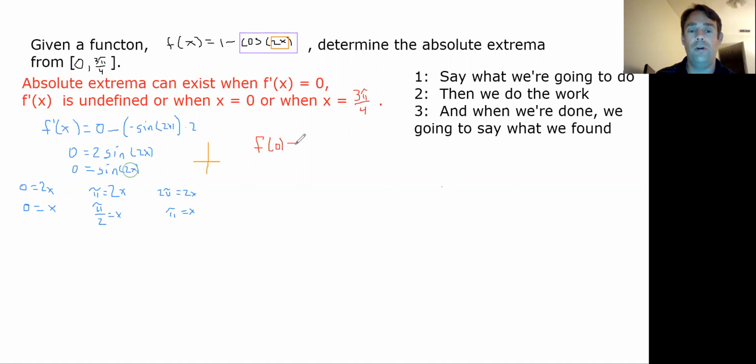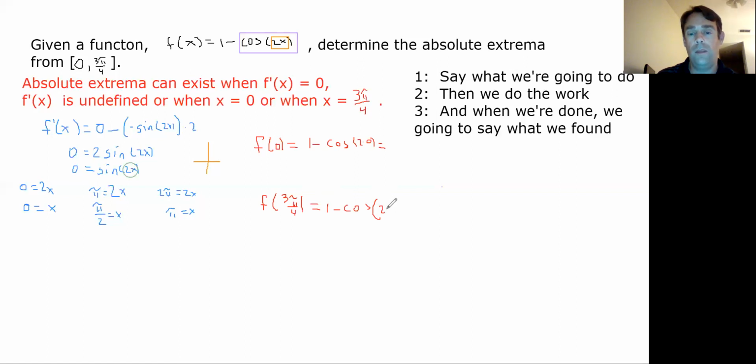So I have my endpoints, f of 0. So I'm going to be plugging that in there. So again, I'm going to always write the first one just so you guys can see it yourself. Don't worry about ever writing them if you don't want to. You definitely do not need to. Okay. And then I have f of 3 pi over 4. Since it is trig, I'm going to go ahead and write them out here.